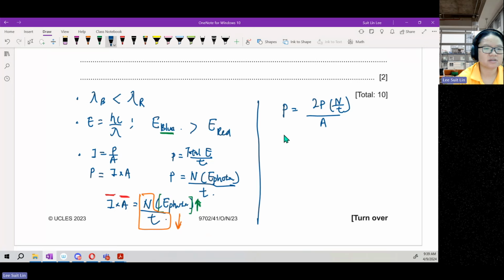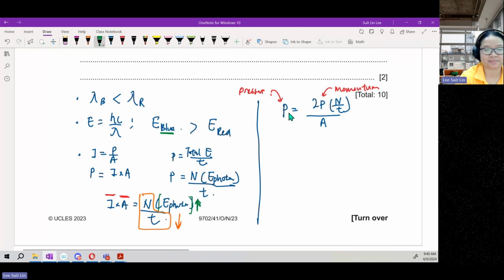Okay, this 2p is not the same p. This p is momentum. This p is pressure. Most of the time for pressure I will keep a small p.